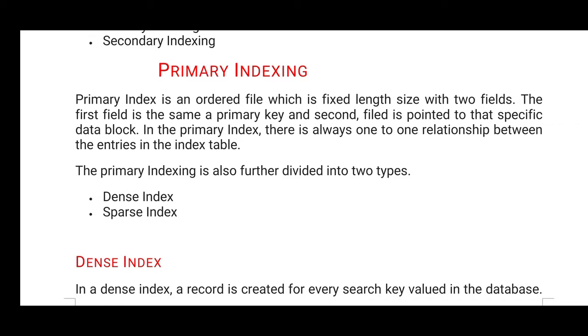It also describes the relationship between entries in the index table. The index is divided into two types, dense index and sparse index. First, dense.